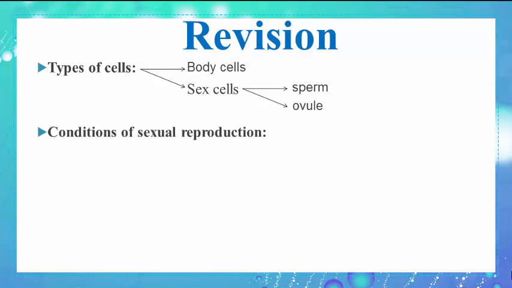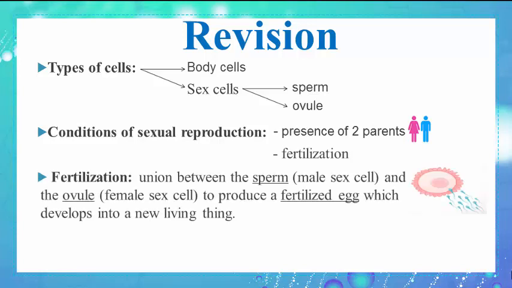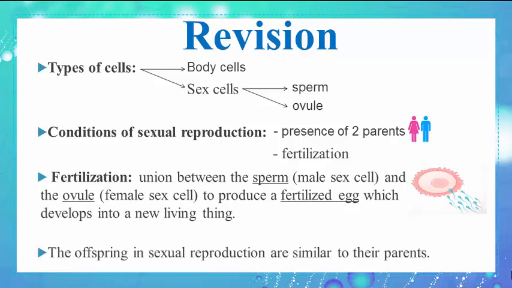The conditions of sexual reproduction are presence of two parents and fertilization. Fertilization is the union between the sperm and the ovule to produce a fertilized egg which develops into a new living thing. The offspring in sexual reproduction are similar to their parents.